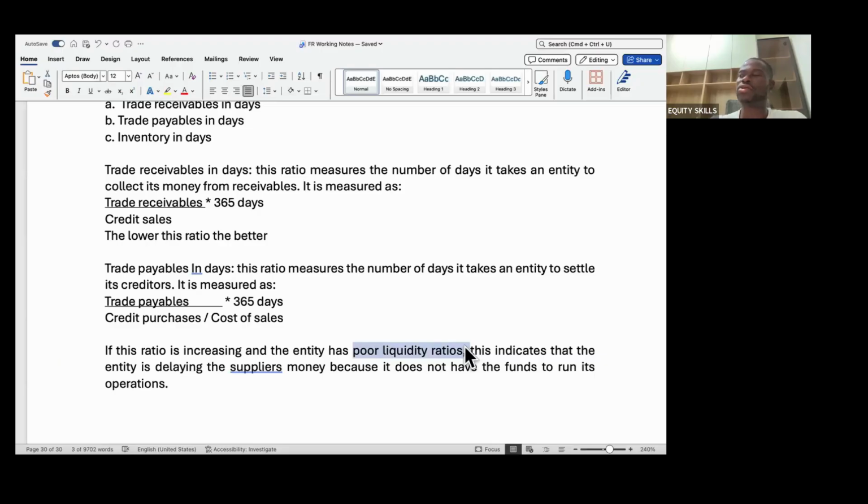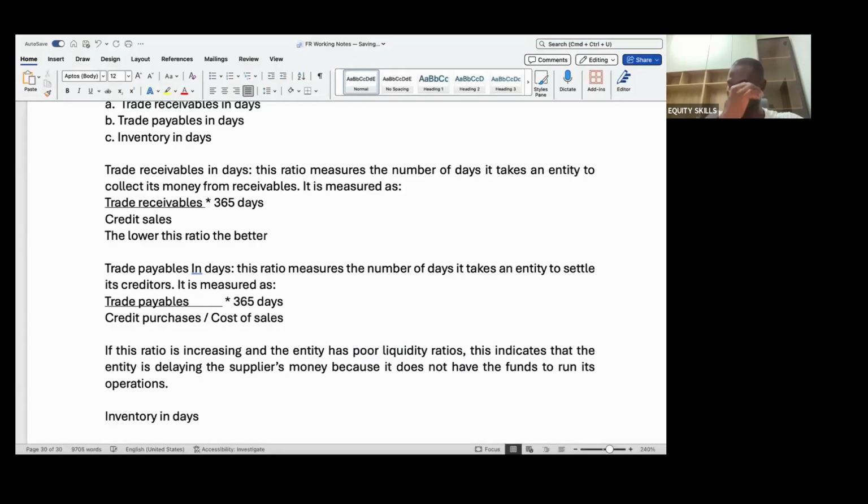So an increasing trade payables in days ratio would then indicate that they are delaying suppliers' money because they don't have money to run their operations, which shows a serious issue for any organization. It's a serious issue. So it's better you pay your suppliers as early as possible so that you can get more goods and continue to operate in business.